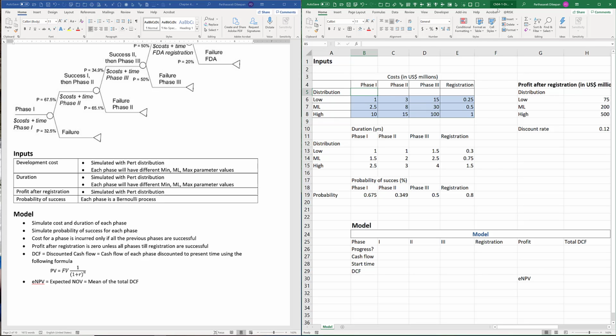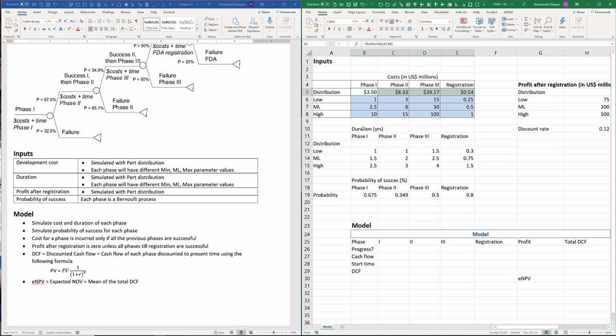And so I already loaded the risk part. So we have the risk part, okay, minimum, most likely, and maximum. So that's the simulated input for the cost in millions.